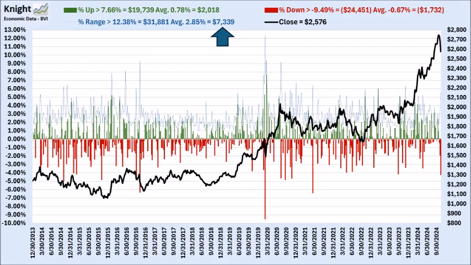Nor would I be subjected to average weekly ranges of 2.85%, which at $2,570 per ounce equates to $7,339 per 100-ounce contract.